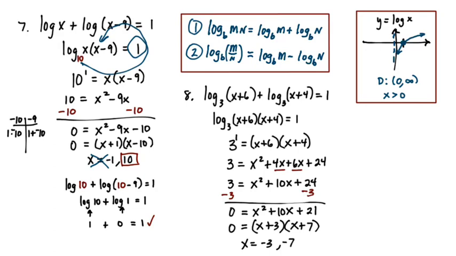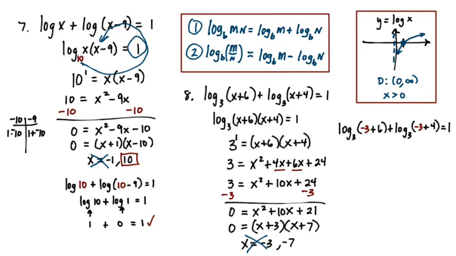All right, now I can see that if I plug in negative 7 up here, and it'll be in both cases, negative 7 plus 6 here is negative 1. I'd be taking the log of a negative. Of course, we can't do that, so I know that negative 7 is not going to work.